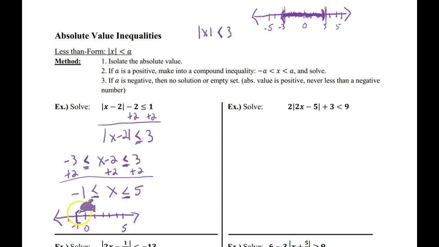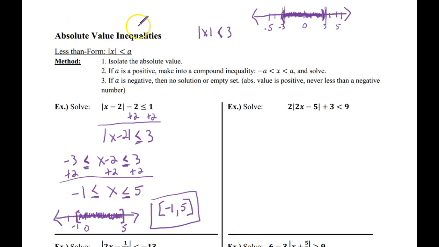I like the brackets because that's how I write it in interval notation. The same thing here with the 5, using a bracket to include it as part of my answer. Everything in between is part of my solution. When I write this in interval notation, reading from left to right, it starts at negative 1 and goes up to positive 5, including both of those in my solution.